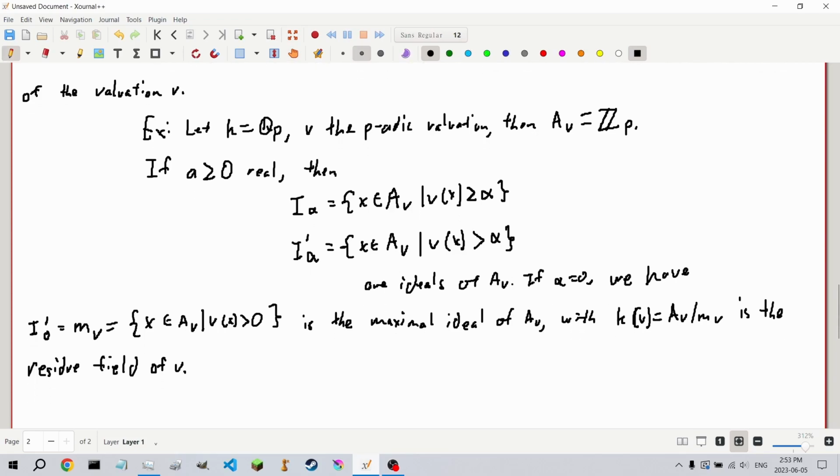Let's look at some examples. Let K be, I believe, the formal Laurent series in T, as we saw above. Then our ring of valuation V is going to be the formal power series.